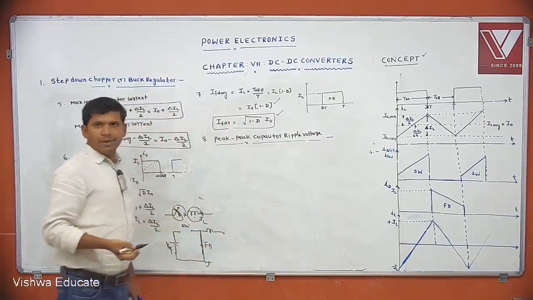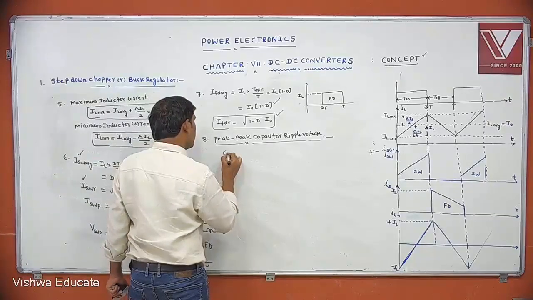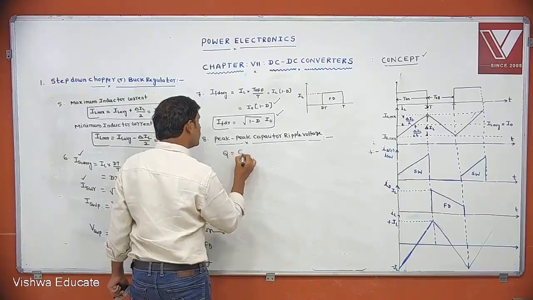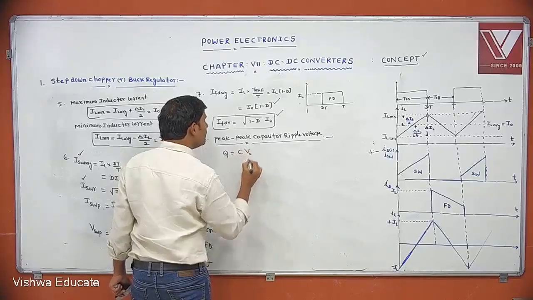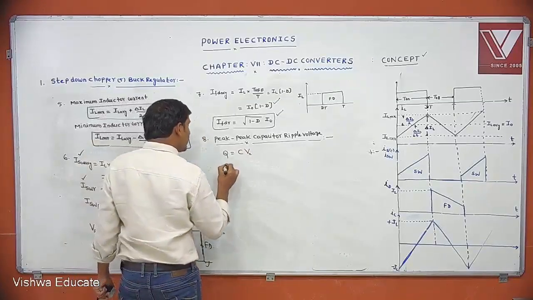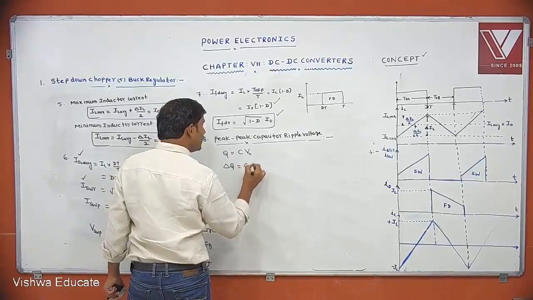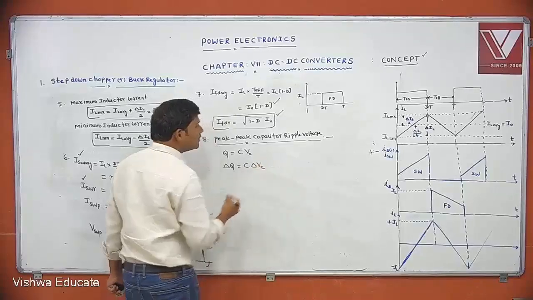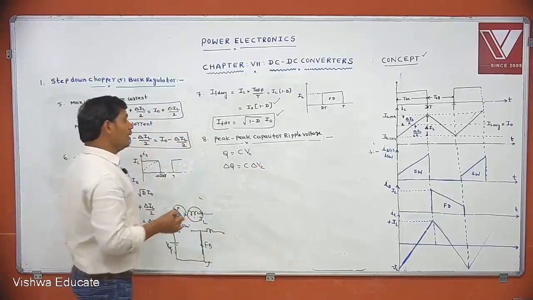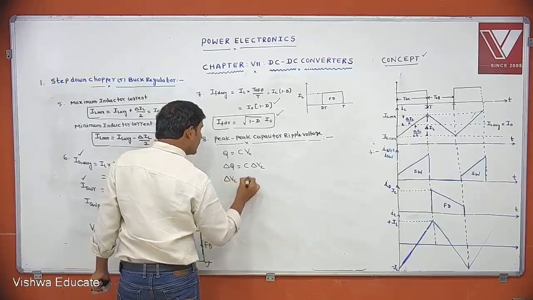How to calculate the peak to peak capacitor ripple voltage? We know that Q equal to C into VC. But I want the change, so delta Q equal to C into delta VC. Then what is delta VC equal to? Delta Q by C.